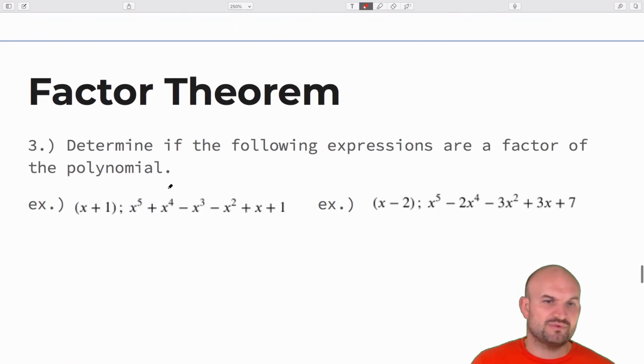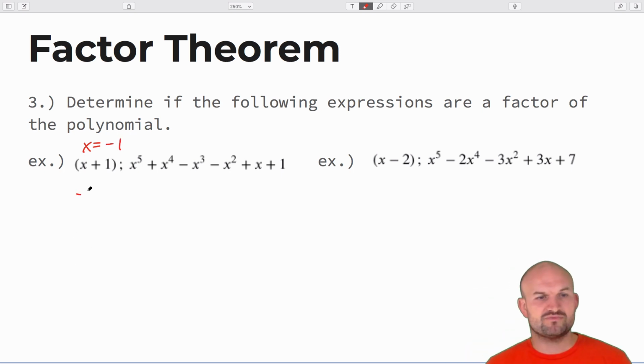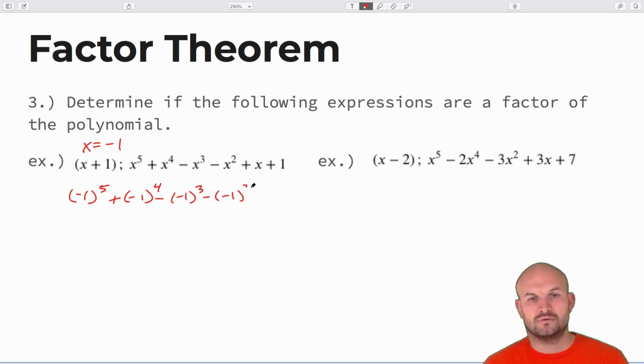Basically, question B: determine if the following expressions are a factor of the polynomial. So if x plus 1 is a factor, that means x equals negative 1 is the potential zero. So all we're simply going to do is plug in negative 1 into this polynomial. And if we get 0, then we could say x plus 1 is a factor. Anytime you have a negative number raised to an odd power, that's going to be negative.